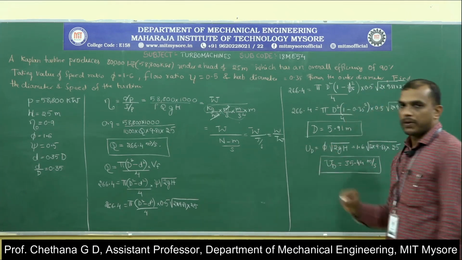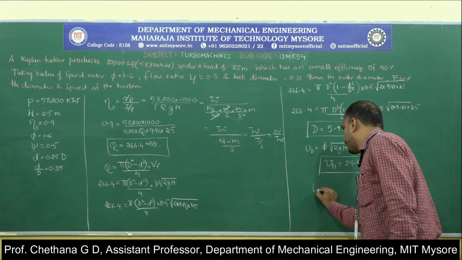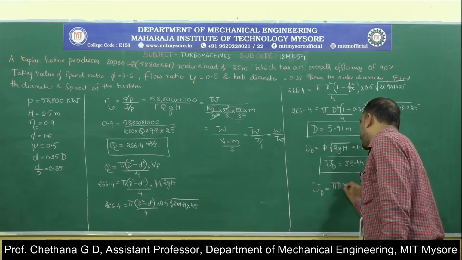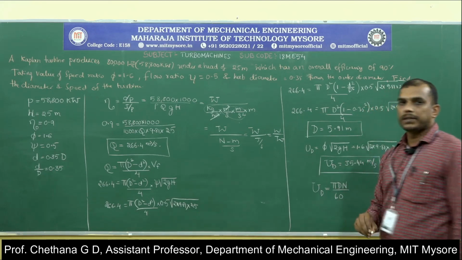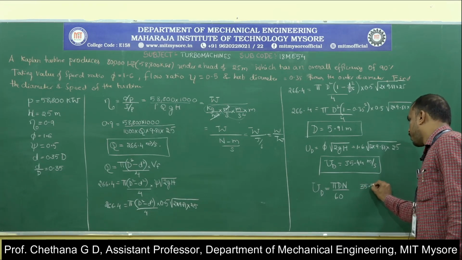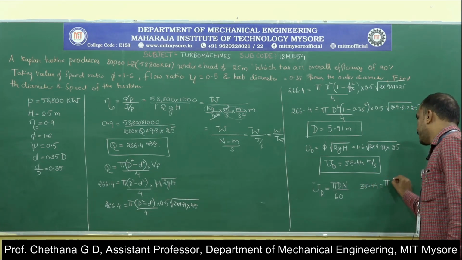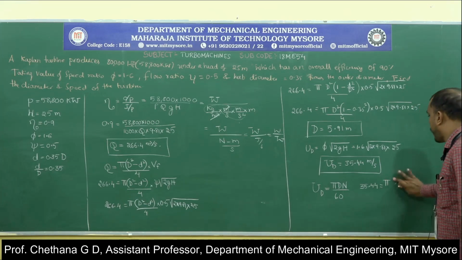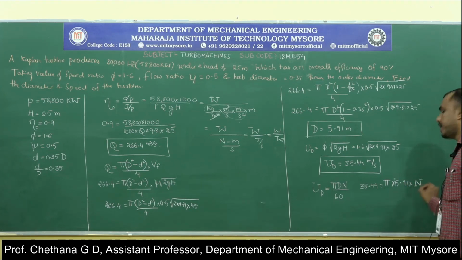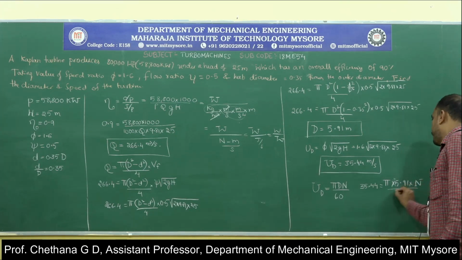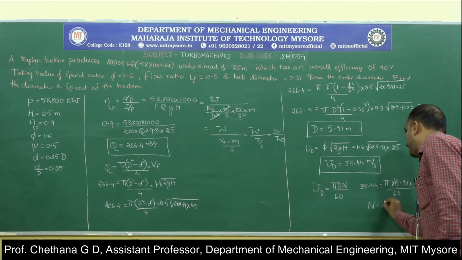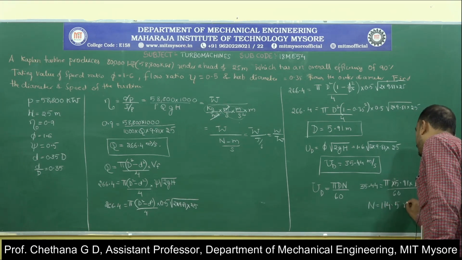This same U_D is also equal to pi D N by 60. Now U_D you have calculated as 35.44, pi D we already know, D is 5.91, RPM is what we are interested in calculating, divided by 60. Now you calculate the value of N, which is 114.5 RPM.